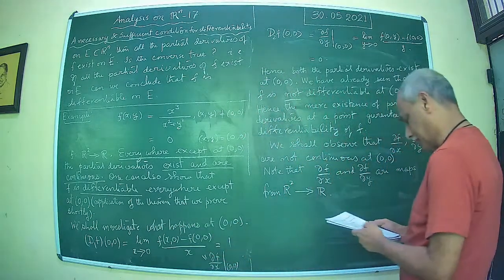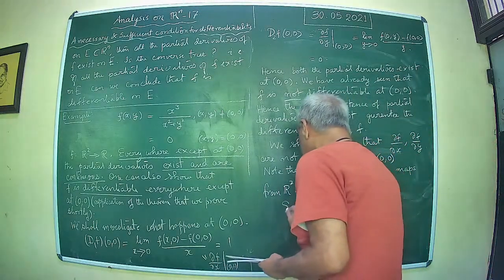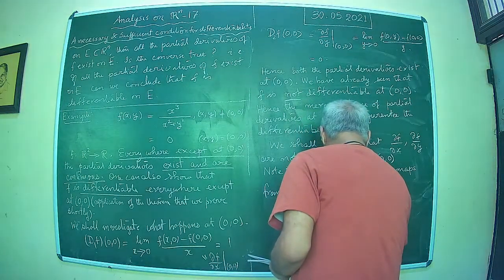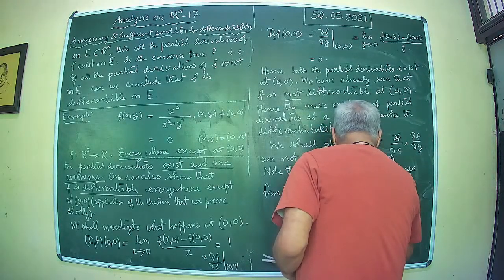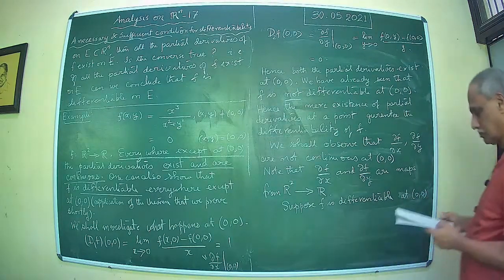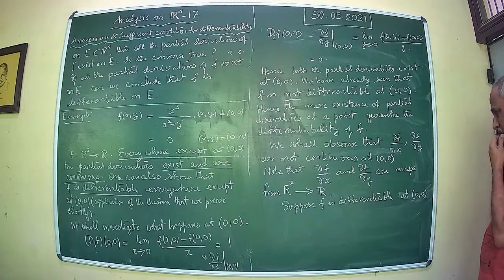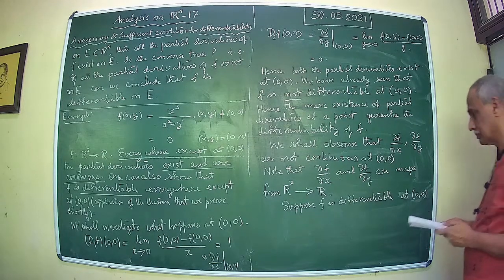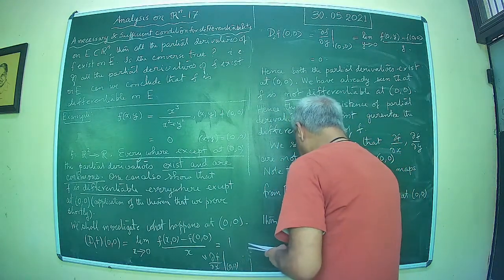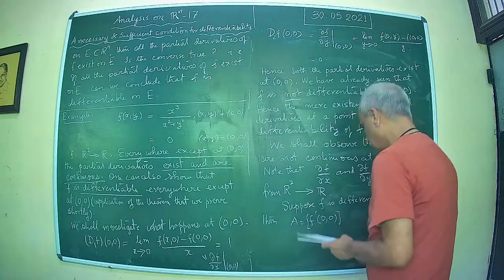Now you see the following. Suppose f is differentiable, then what we have is this: a equal to f derivative of 0, 0 with respect to the standard basis.